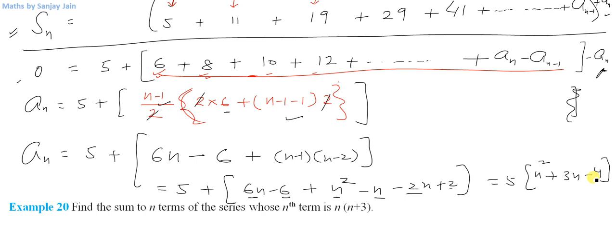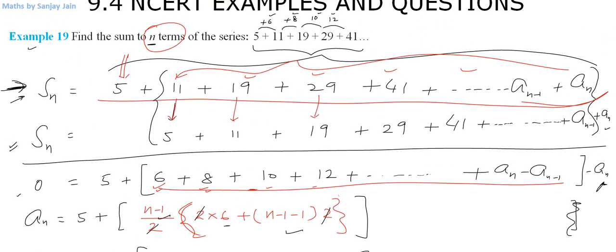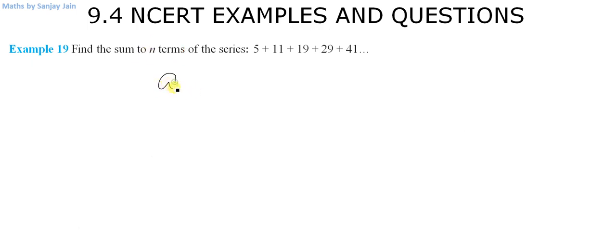Now let me write it somewhere else. So this expression is n squared plus 3n plus 1. This is my nth term. I am going to write it somewhere else: n squared plus 3n plus 1. So the nth term that I've got is n squared plus 3n plus 1.